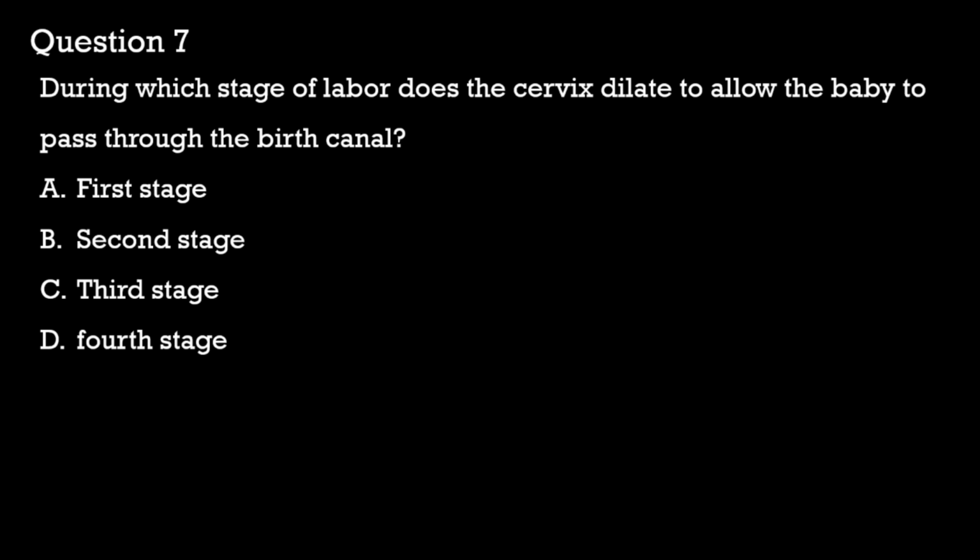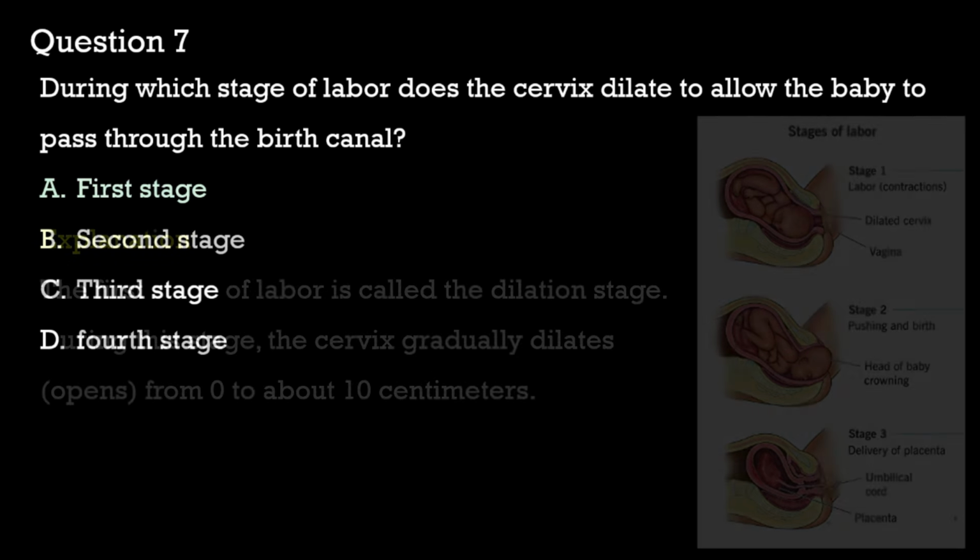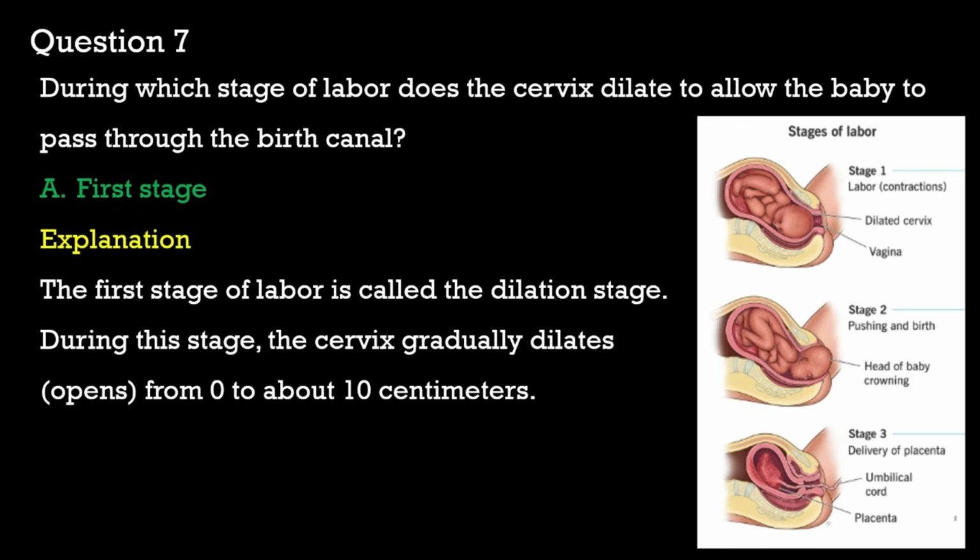That is where the baby and the mother are monitored. So our answer here is first stage. It's at the first stage of labor that the cervix starts to dilate.